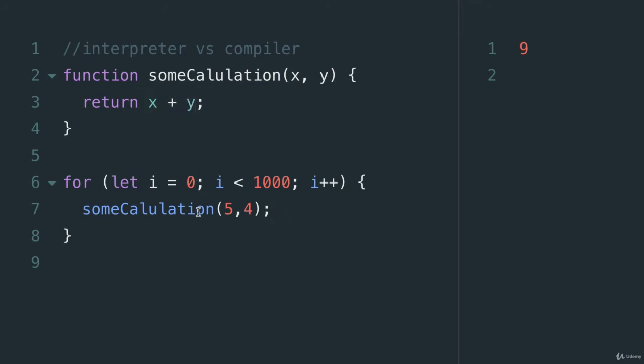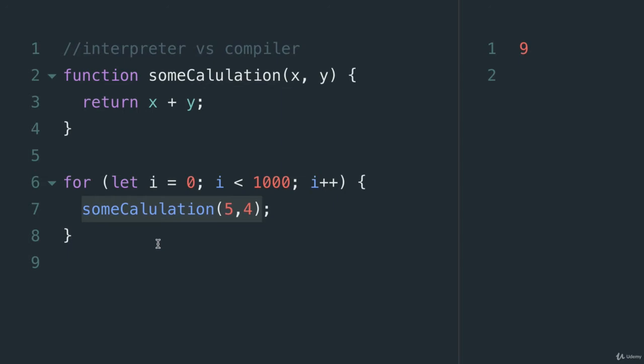And instead of calling this function multiple times, it can just replace this function with something like 9 because we know that we want to return 9. Because a compiler doesn't need to repeat the translation for each pass-through in that loop, the code generated from it is actually faster. And these sort of edits that compilers do are called optimizations.